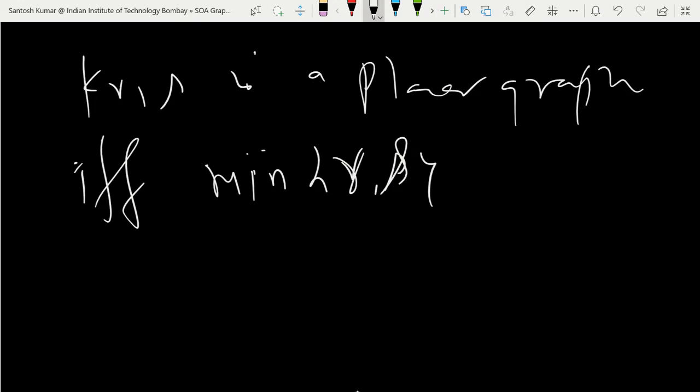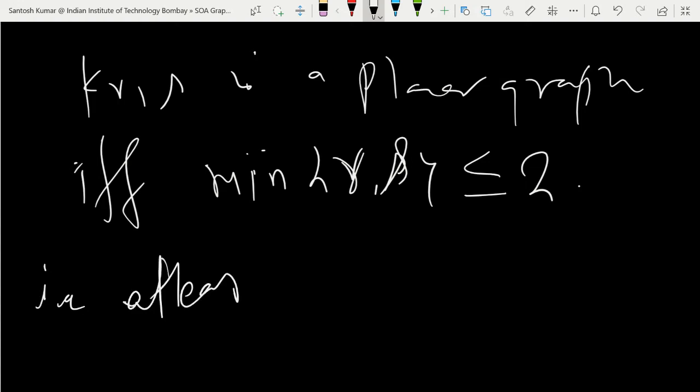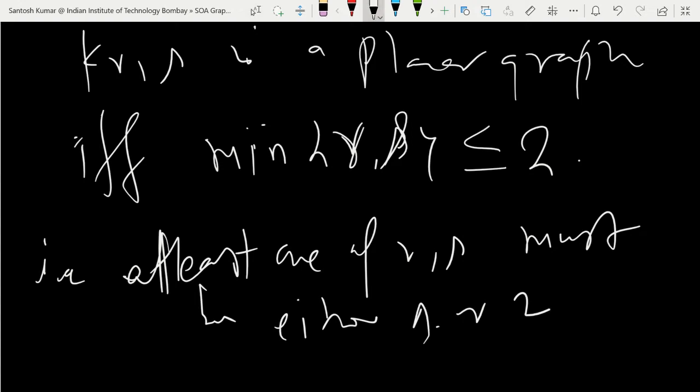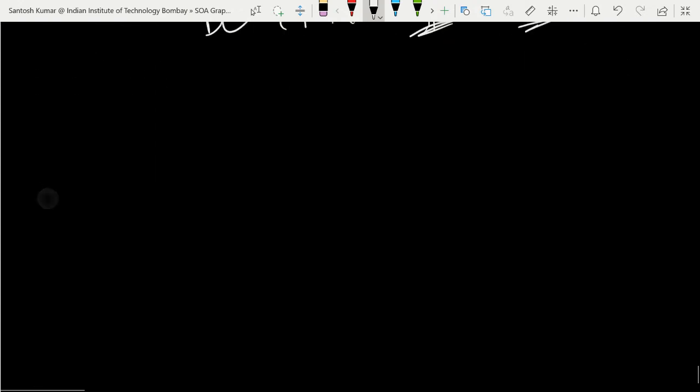That means at least one of R, S must be either 1 or 2. So that is the result.